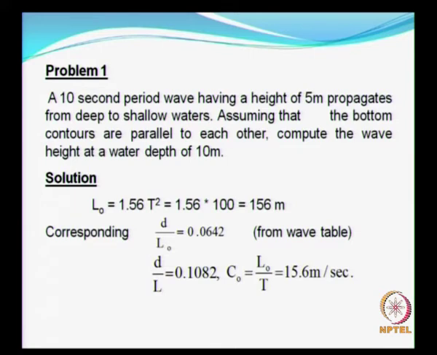Here we want to estimate the wave height in a water depth of 10 meters. You already know how to calculate your wavelength. Calculate your deep water wavelength, come to d by L naught, then from the tables you can get d by L, and then calculate your wavelength. The deep water wave celerity in this case is 15.6 meters per second.